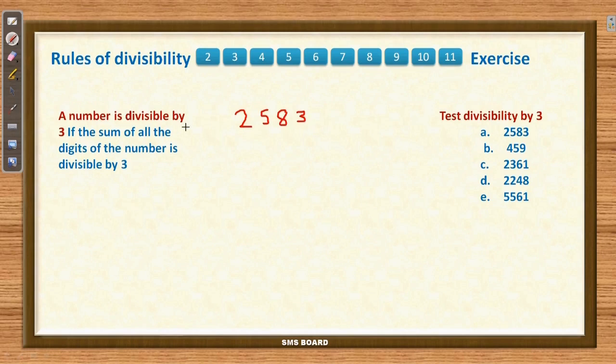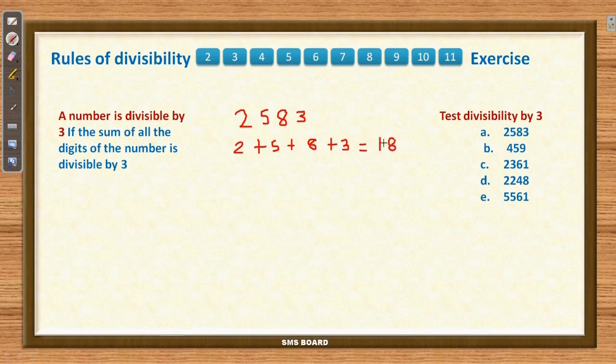A number is divisible by 3 if the sum of all the digits of the number is divisible by 3. Here we will find the sum of all the digits. 2 plus 5 plus 8 plus 3. This is 5 plus 2, 7, 7 plus 8, 15 plus 3, 18. So the sum of all the digits of the number is 18.